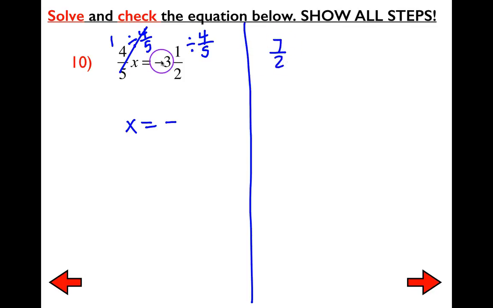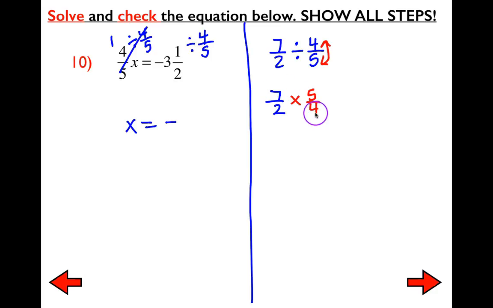Notice I'm ignoring the sign because I already took care of it here. I'm going to divide that by 4/5. Since it's division, I'm going to keep the first fraction, change this to multiplication and then take the reciprocal, which will make it 5/4.